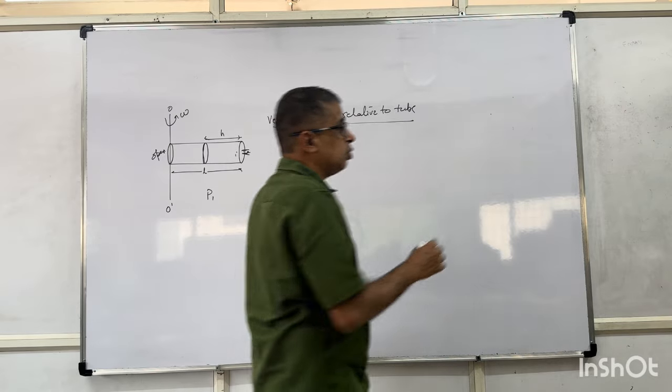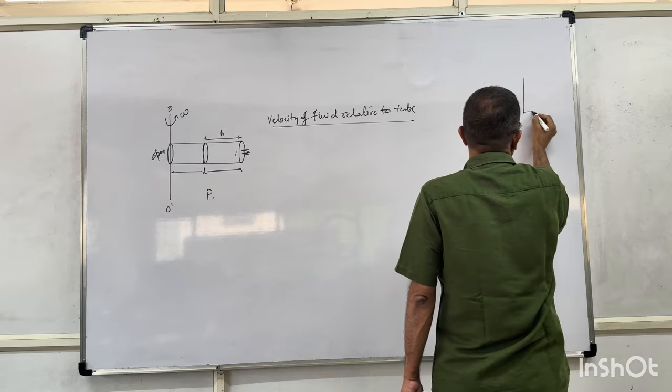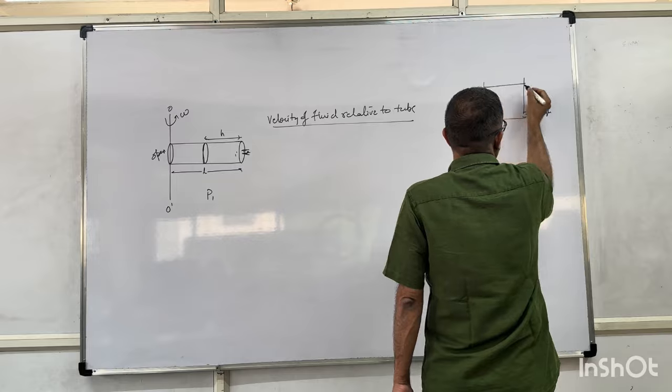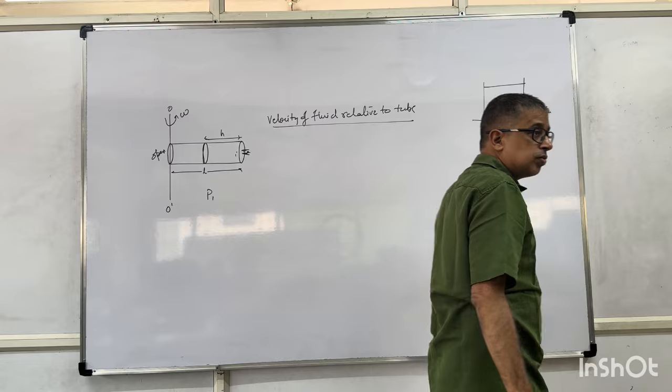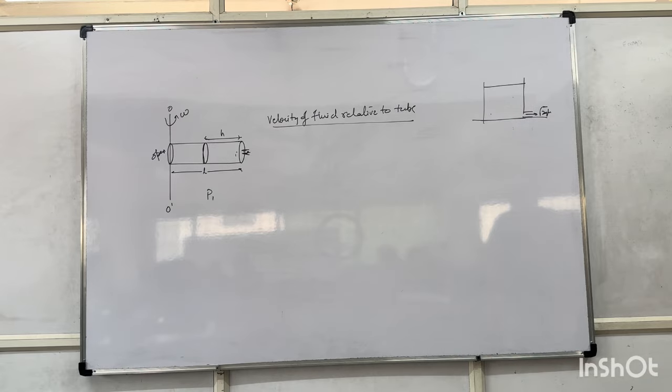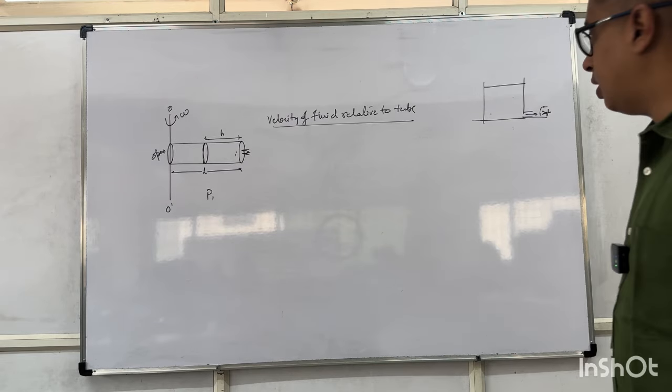This root over of 2gh in Torricelli's theorem is basically with respect to the container, not with respect to the ground. Luckily for you, container is at rest, so you are assuming the velocity to be with respect to the ground. But if the container is moving, root over of 2gh is with respect to the container.